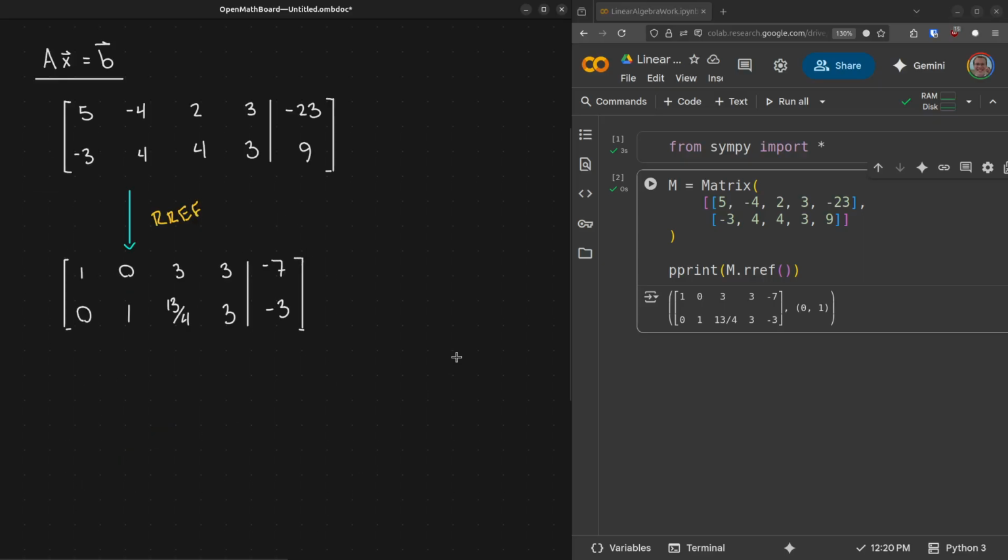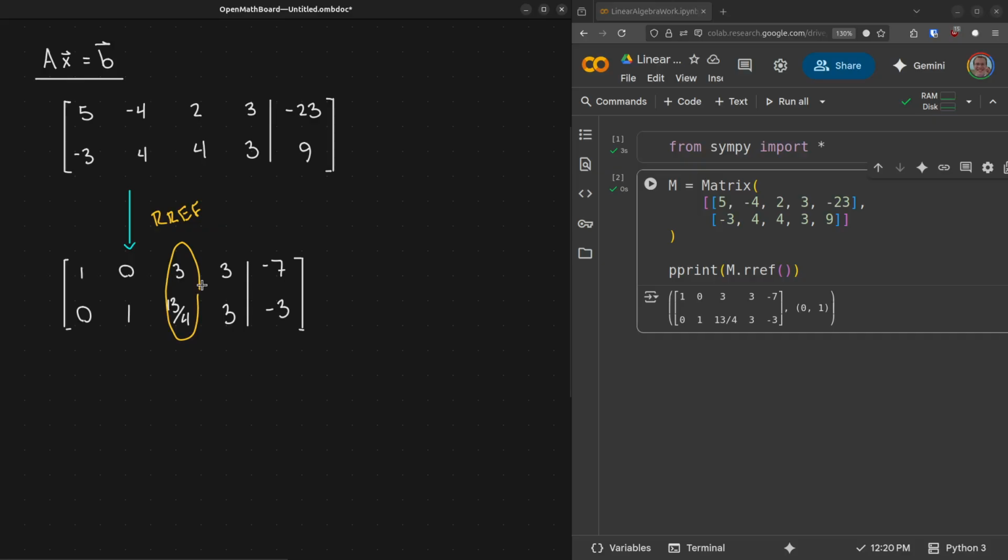Okay. So let's solve this system. First off, notice I have two free variables, right? I have two non-zero rows, but I have 4 columns. So 4 minus 2 equals 2 free variables.